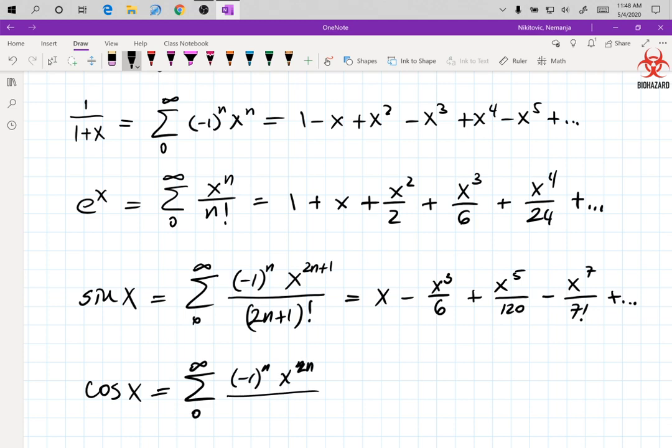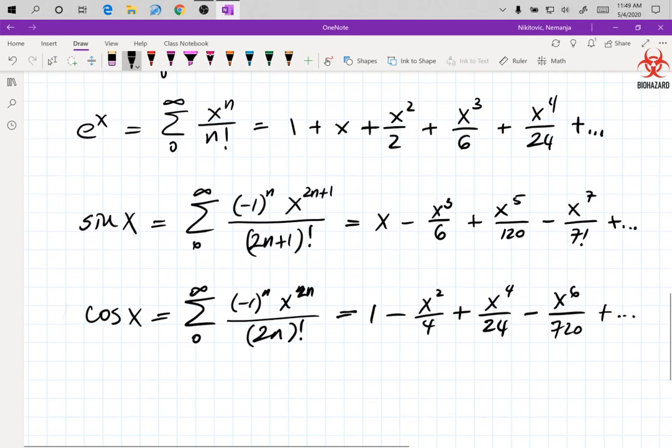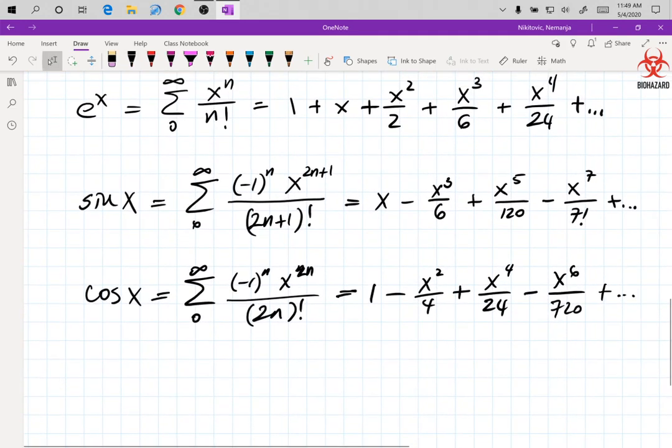So now you have 2n is even, and this one is 1 minus x squared over 2 plus x to the 4 over 24 minus x to the 6 over 720 plus dot dot dot. So when you take a look at the sine and cosine ones, that works well, right? Because it gives you all the even powers, and we know cosine is an even function, so it's a joke to remember it.